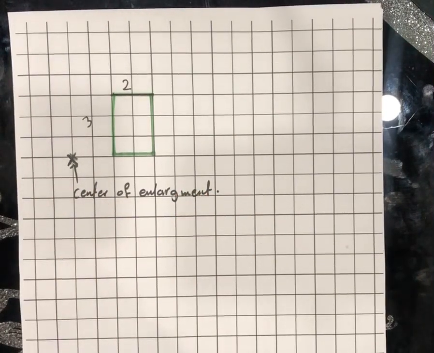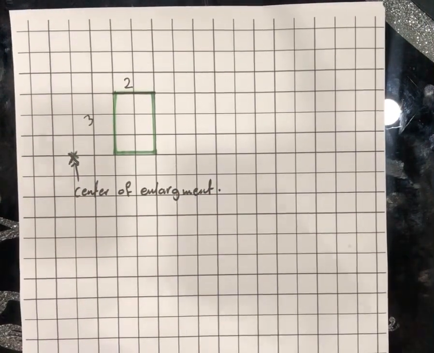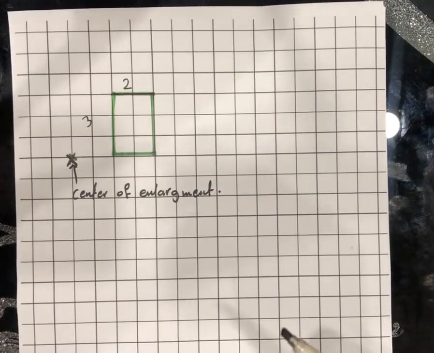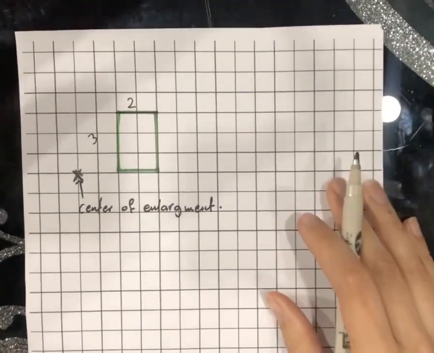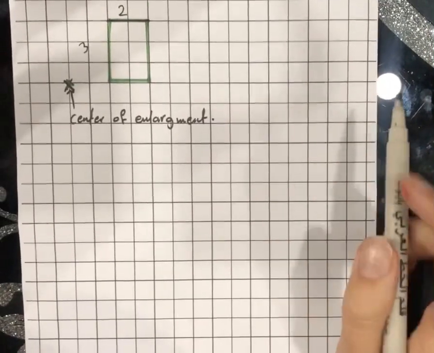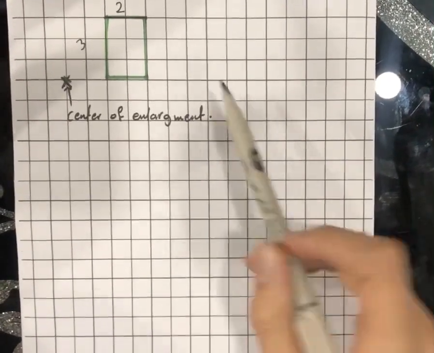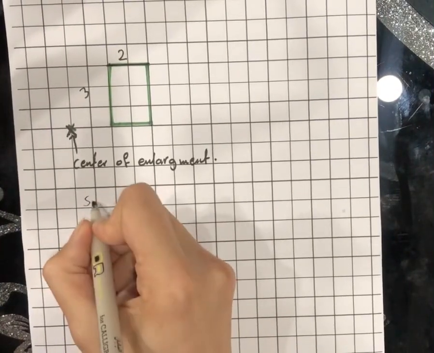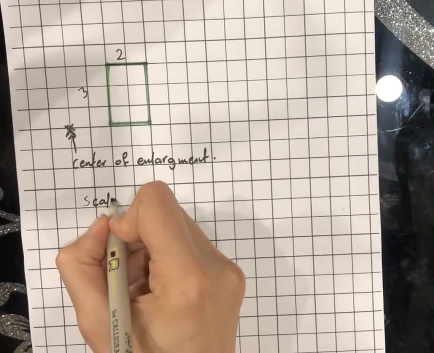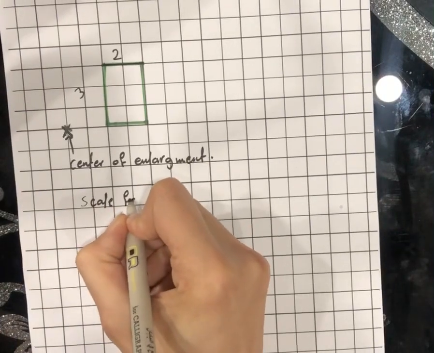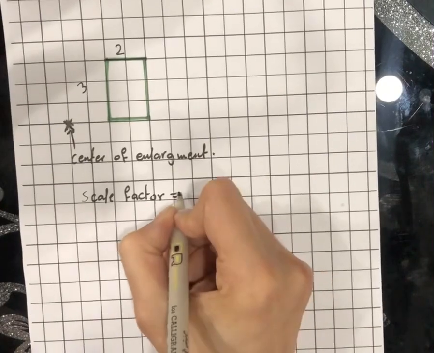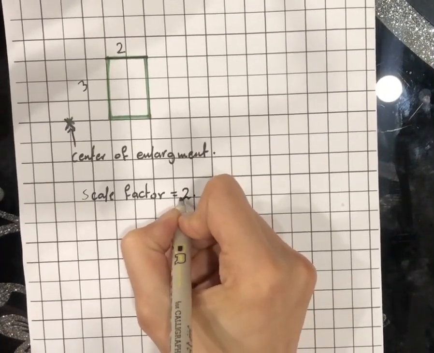And how will I know what is the distance between my image and my center of enlargement? It depends on my scale. Now, my scale factor for this enlargement is 2.